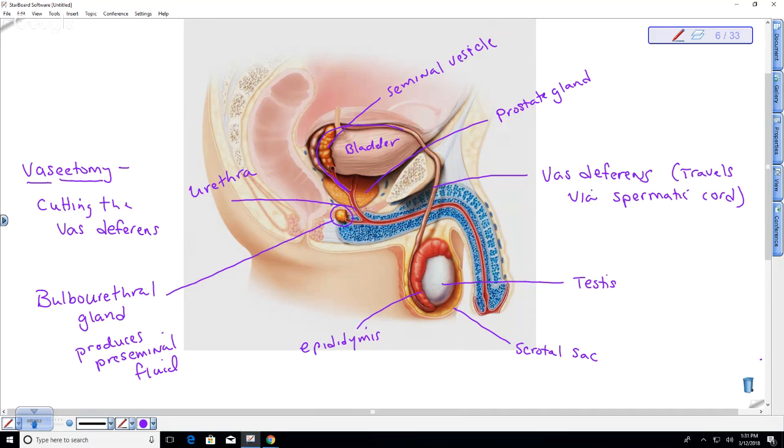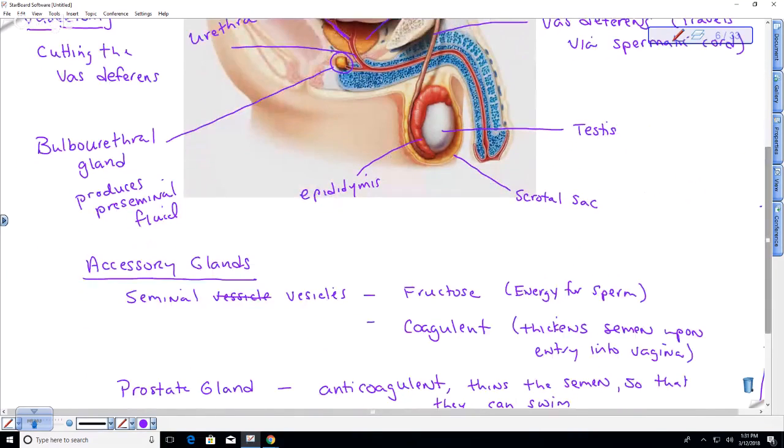So in general, it does not have a lot of sperm, unless an ejaculate has happened recently and there's still sperm in the urethra. So the function of the pre-seminal fluid is to neutralize the acidity in the urethra, and it functions to lubricate the penis.